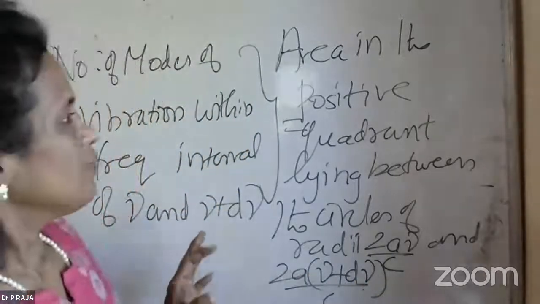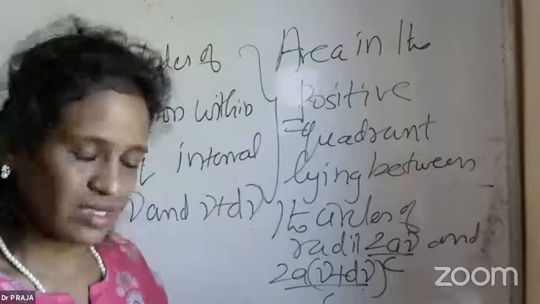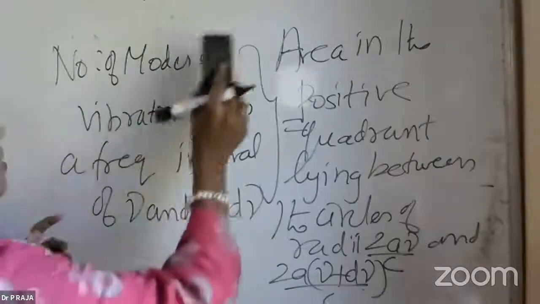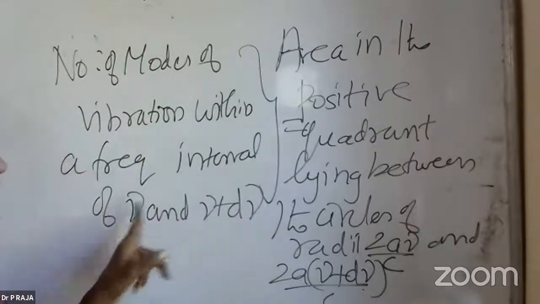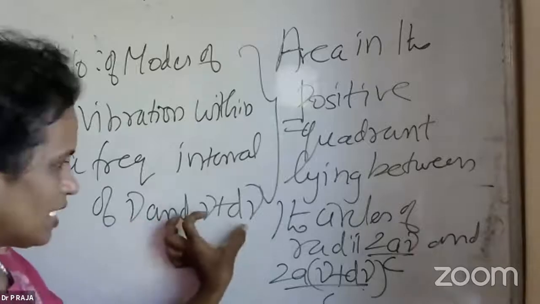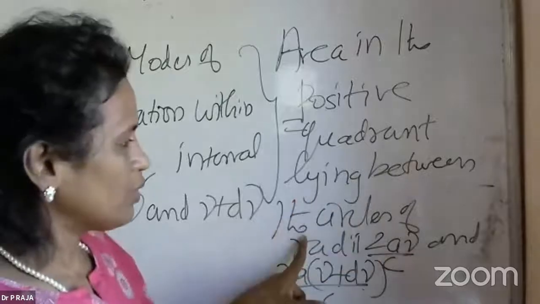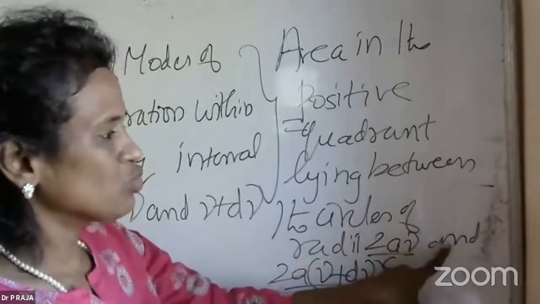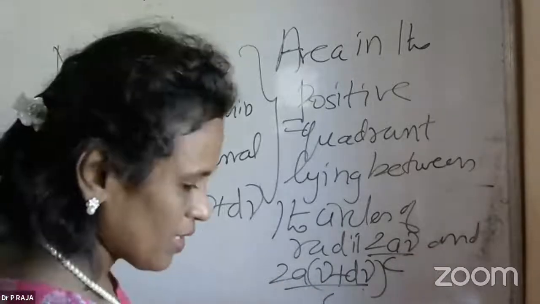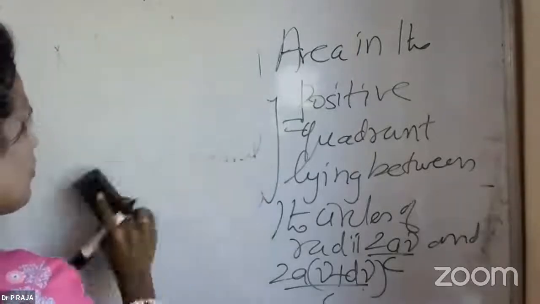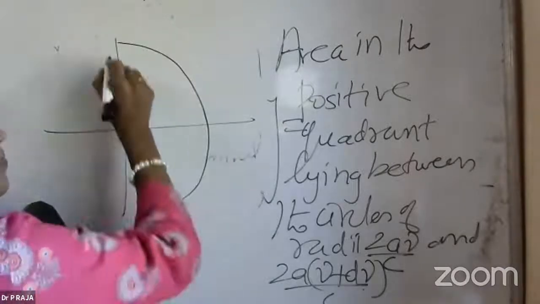Like they did in the previous case also, draw two concentric circles. I hope this is clear to you. The number of modes of vibration within the frequency interval of nu and nu plus d nu is equal to the area inside the positive quadrant lying between the circles of radii 2 nu by c and 2 (nu plus d nu) by c. Now it is equivalent to the same one. You have a circle like this.